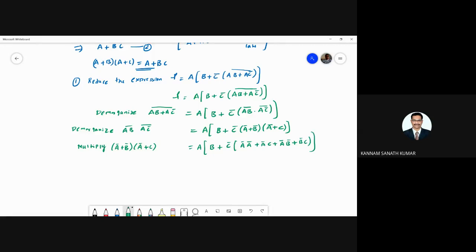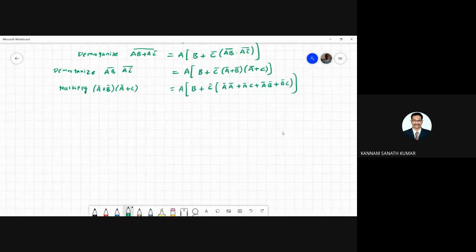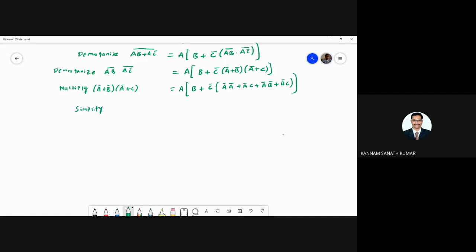Next, what you should do? You have to simplify. So this is equal to A into B plus C̄. A into A bar equals what? A bar. So A bar plus A bar C plus A bar B bar plus B bar C. Now simplify.